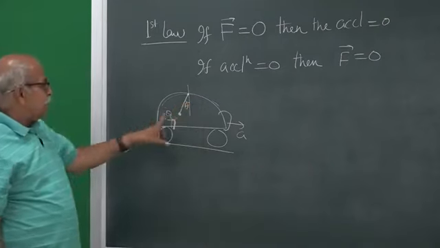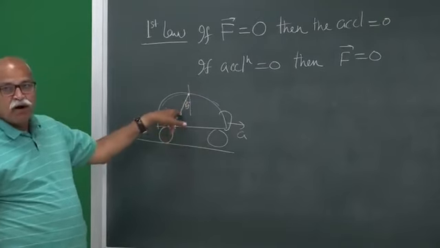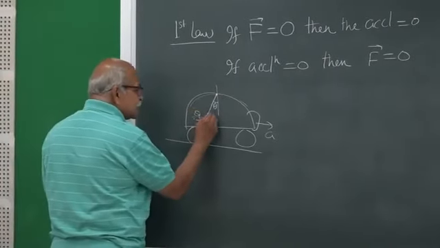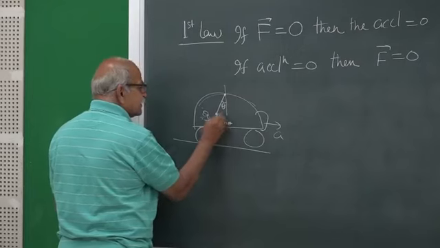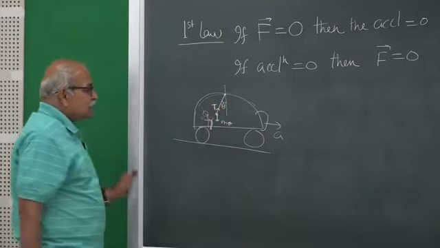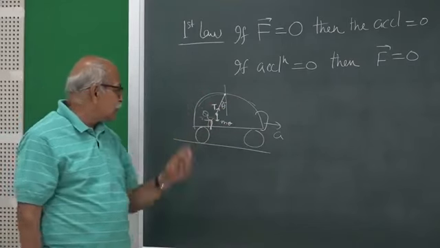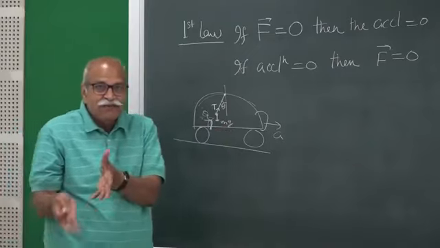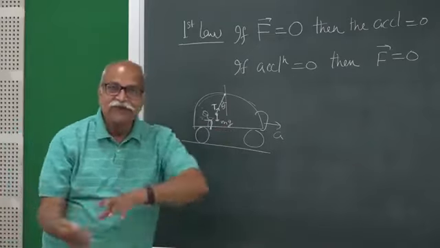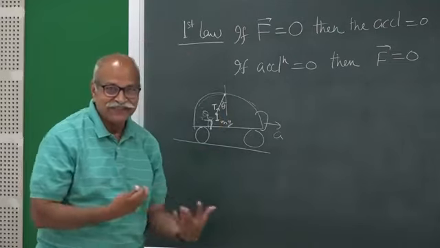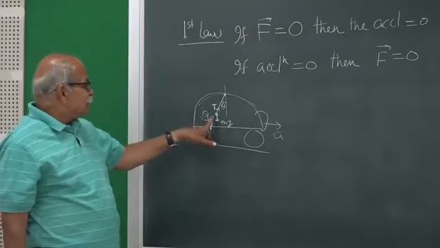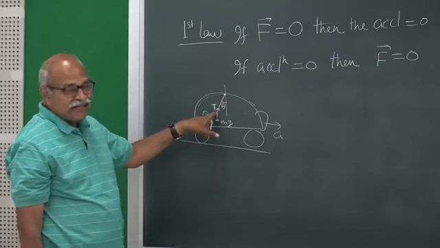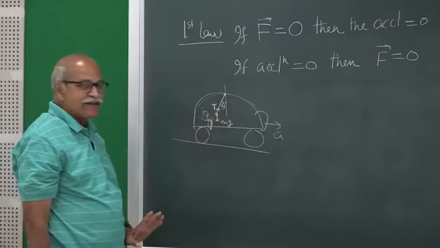Now, if I think of this particle, this bob of the simple pendulum, what are the forces? The forces are its weight mg and then the tension T. These are the two forces, because force is always exerted by some object on some other object, that is how force is conceived. So, the earth which is attracting everything is also attracting the bob, and that force is mg in the vertically downward direction.